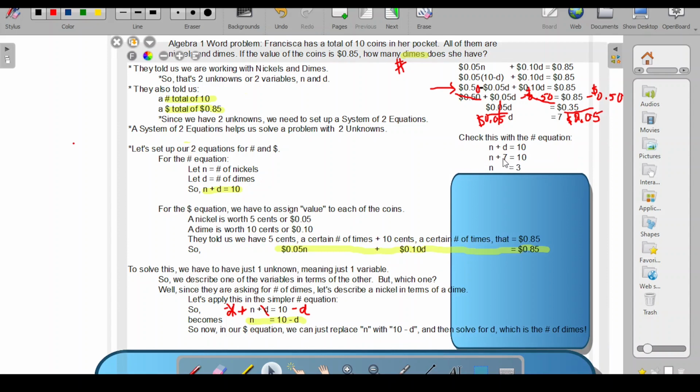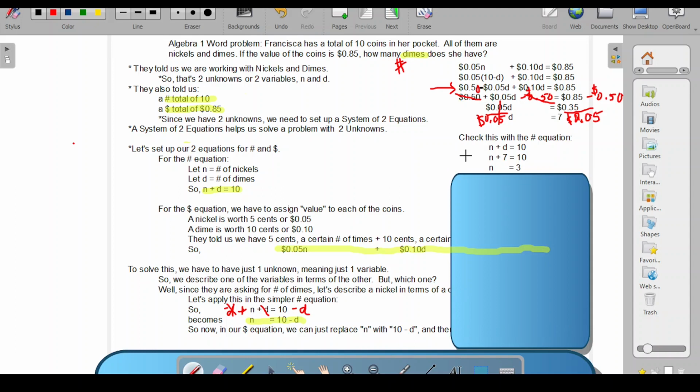So that would mean if we subtracted a 7 from both sides, we'll say we're adding a negative 7, and here's a negative 7. Well, negative 7 plus positive 7 is 0. So we're left with n, and 10 minus 7 is 3. So the number of nickels would be 3. Okay, so we have 3 nickels and 7 dimes.